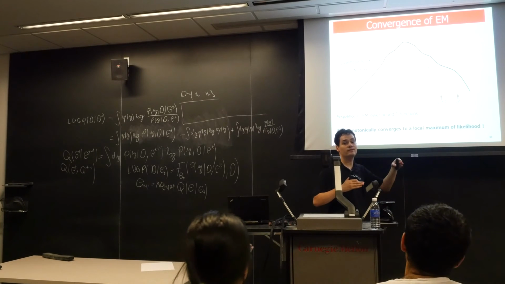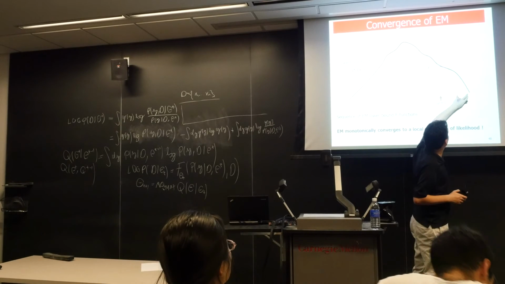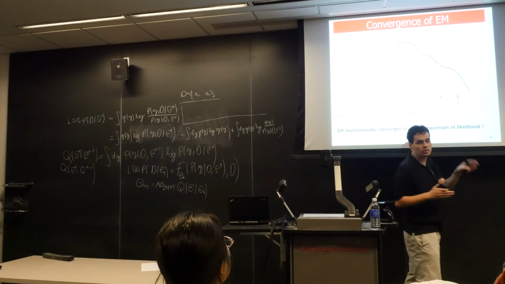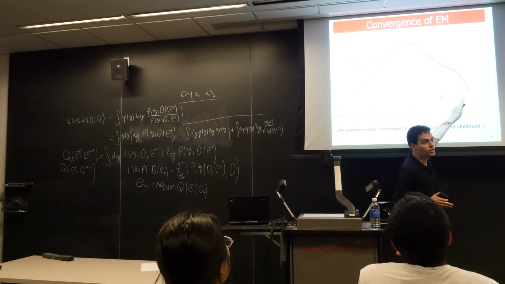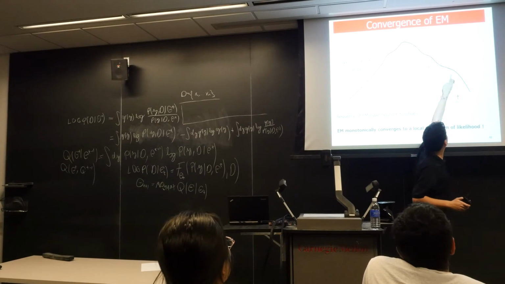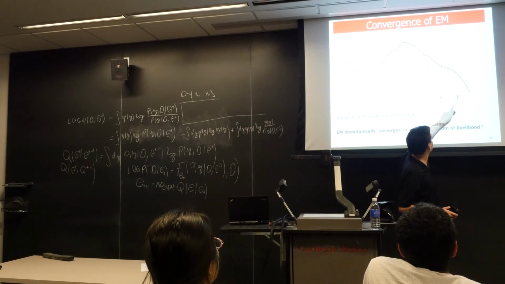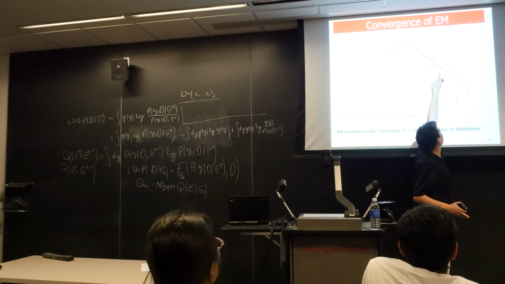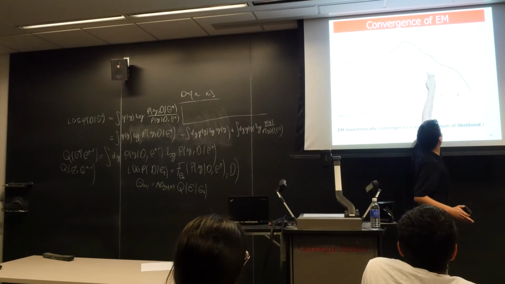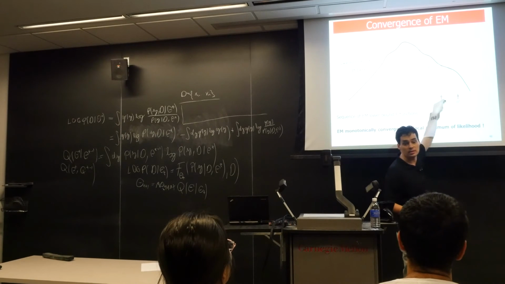And then you maximize that free energy function. For example, this black curve is the likelihood function. The free energy is below that. If we choose the Q function right, then the free energy will touch this likelihood function, for example here. And then we maximize the free energy in theta, and that will be theta t plus 1. We come here. And again we calculate a new free energy that will touch the likelihood function from below, and you do this iteration.